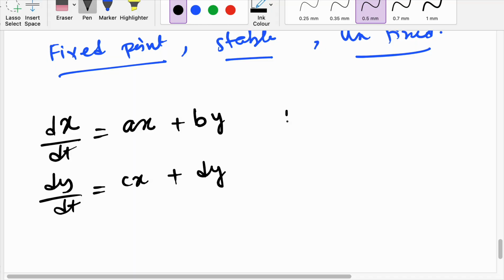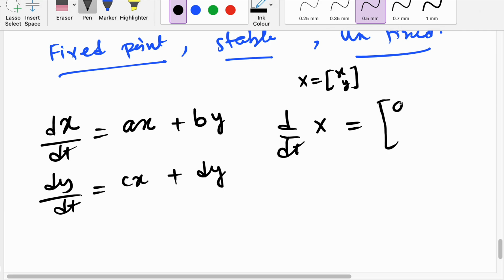That means d/dt of x, where x means x and y, is the matrix [a b; c d] times x. So we can write it in this way. Is it clear? Because you are using the same symbol, capital X, that is creating trouble here.